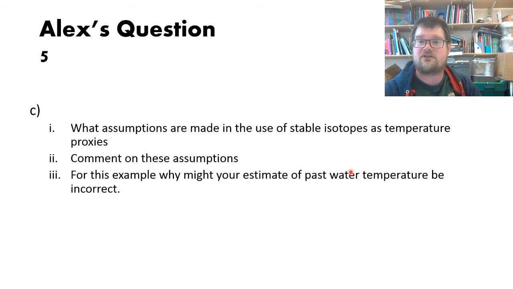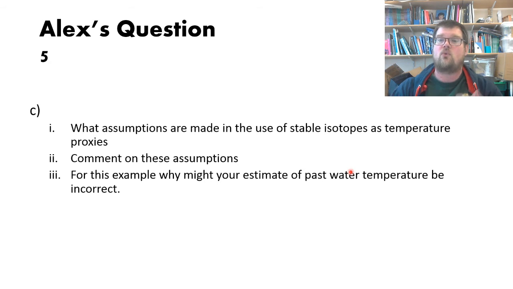What assumptions are made when we use stable isotopes as temperature proxies? Comment on those assumptions. That's quite important because this is the critical analysis element. We make this assumption, but is it important? Does it make a difference? Is it an assumption that is actually really good to make, or is this assumption quite often invalid? And then lastly, why might our estimate of past water temperature be incorrect?